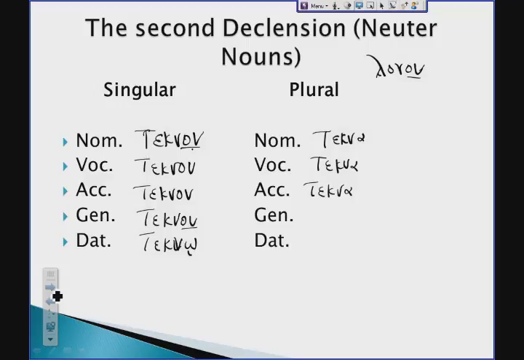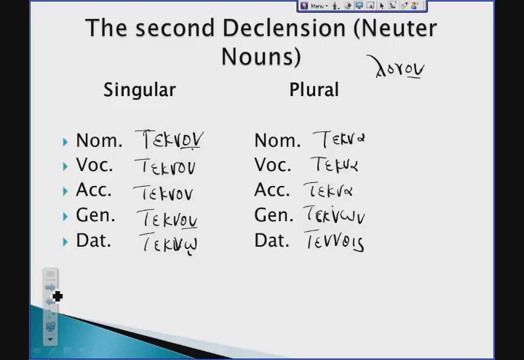And then the genitive will always mimic the nominative, the masculine. You know what it is to mimic? To copy someone's. Yeah, okay? And then teknois, to or for the children.